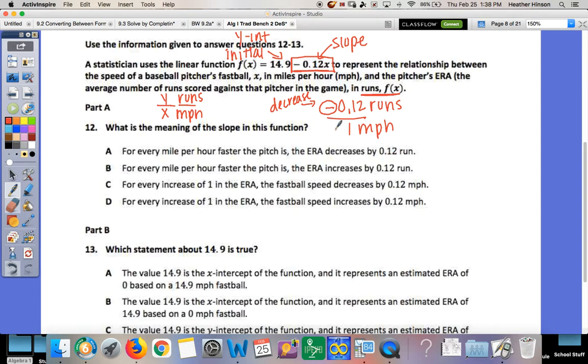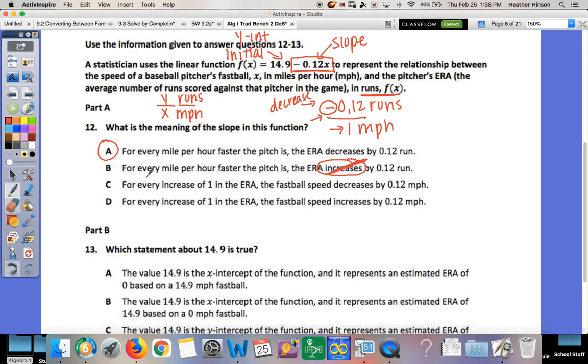Yes, we have 1 mile per hour and we're decreasing because it's negative 0.12. So that one's true. Let's figure out why the rest of them are wrong. B says for every mile an hour faster the pitcher is, the ERA increases 0.12. Well, this one's not right because it says increase. Our slope is negative, so it has to be decreasing.